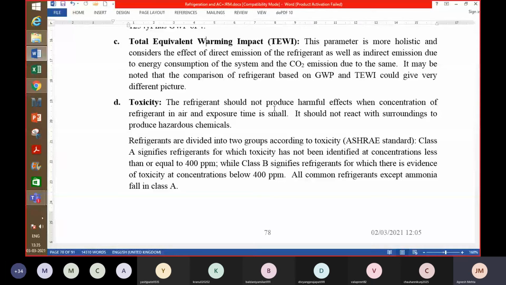So class A signifies refrigerants for which toxicity has not been identified at a concentration less than or equal to 400 ppm, while class B signifies refrigerants for which there is evidence of toxicity at concentrations below 400 ppm. So if it is toxic below 400 ppm, then you need to be alert, and they are put in class B, otherwise in class A. All common refrigerants except ammonia fall in class A.